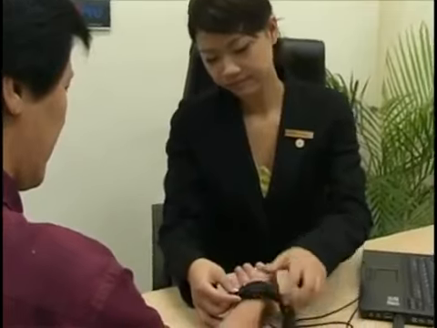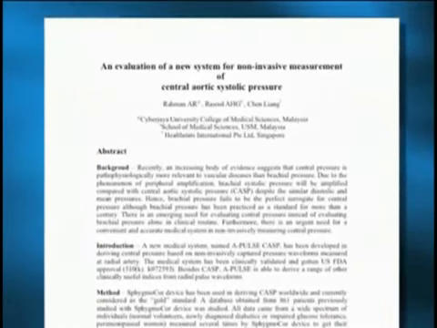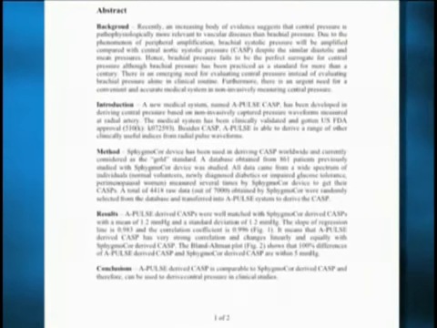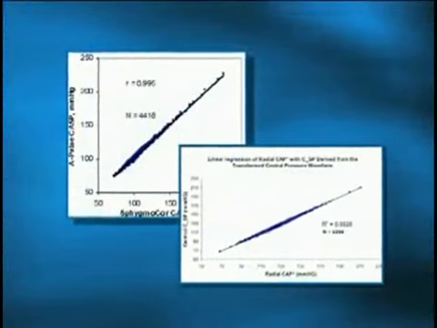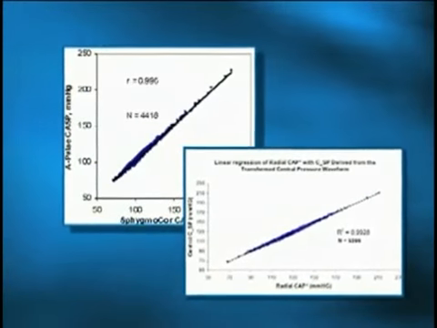This has been validated over more than 10,000 patient waveforms. We have done a comparison between the gold standard and our central pressure, and the accuracy is as close as 0.996.